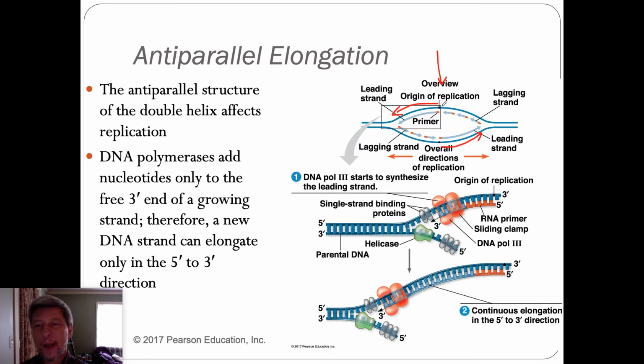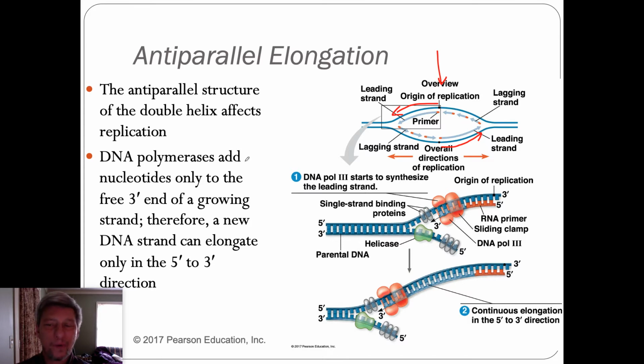However, what happens behind the origin of replication? Here and here. In that case, we still have to move from 3' to 5', but we're constantly moving away from the 5' end, and so we do this in a slightly different way. Let's concentrate on the leading strand at first.